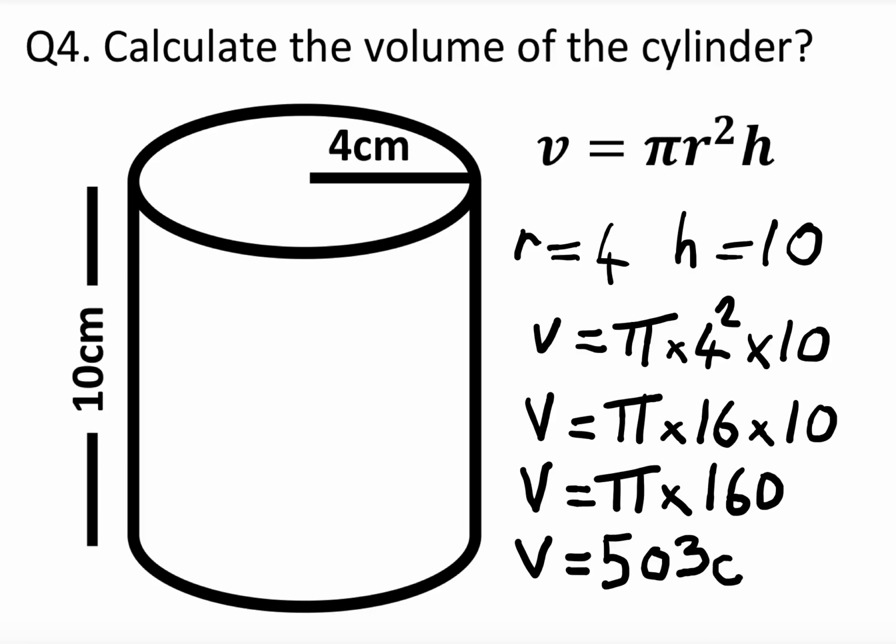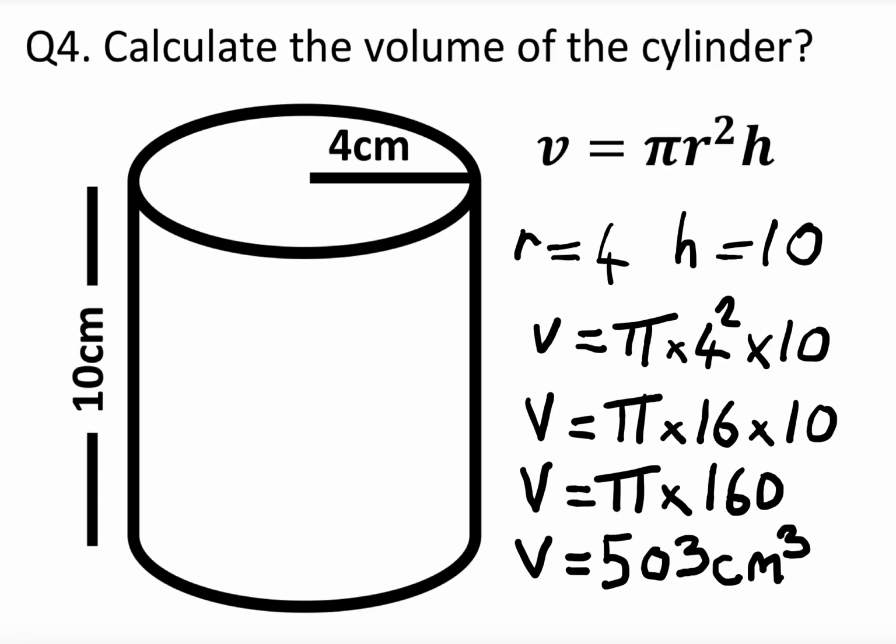And what is that? It's centimetres. But it's not just centimetres, it's centimetres cubed because we're talking about volume. And the last thing we've done there, we've written that value down to 3 significant figures, because when you multiply by pi, the value would go on and on for infinity, basically.